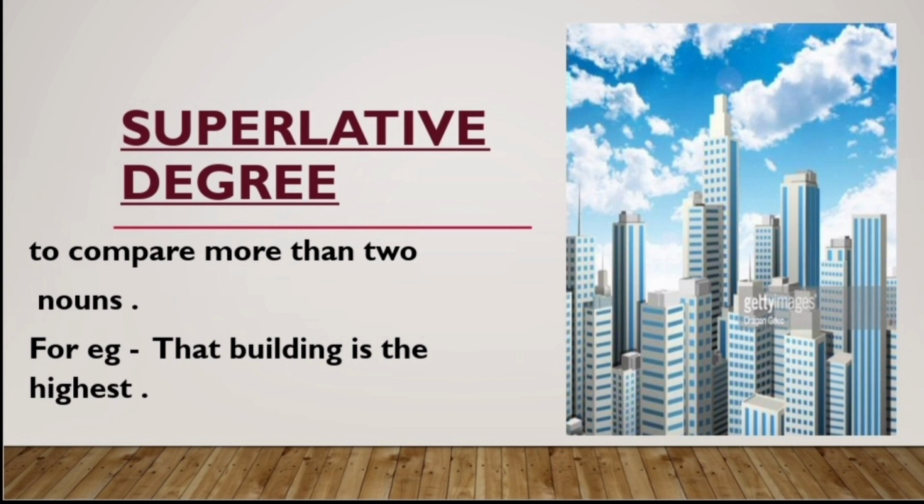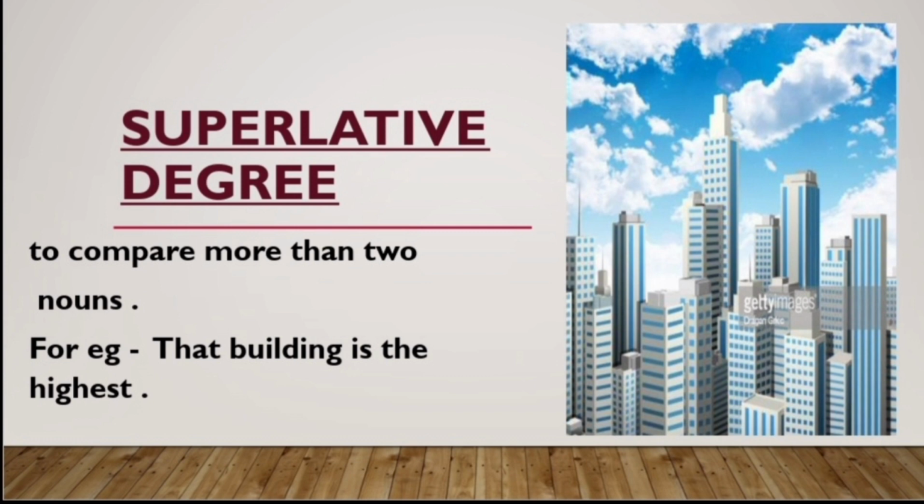The third and the last degree of adjective is superlative degree of adjective. We use superlative degree of adjective when we compare more than two nouns and we choose one among all those nouns mentioned. Okay, we are pointing towards one and we are pointing that there is one thing that's best or worst or whatever in that particular group.